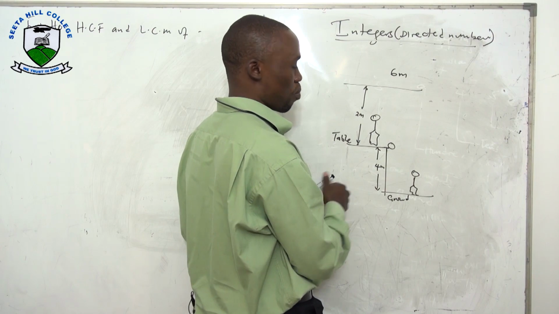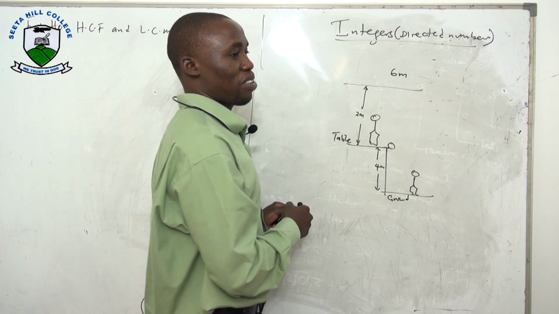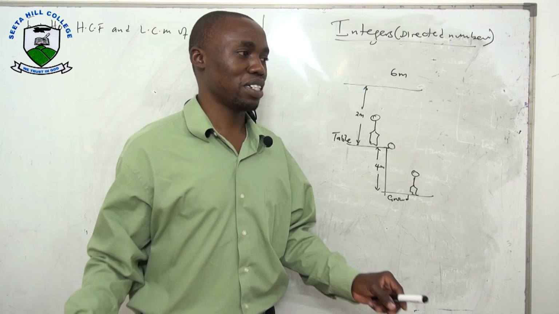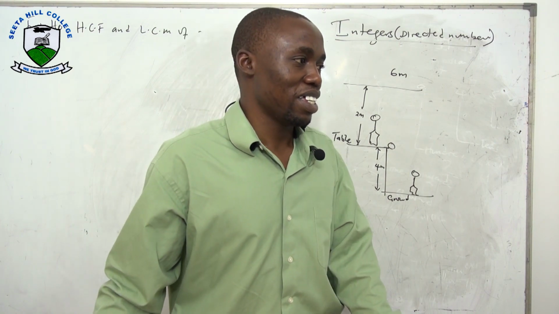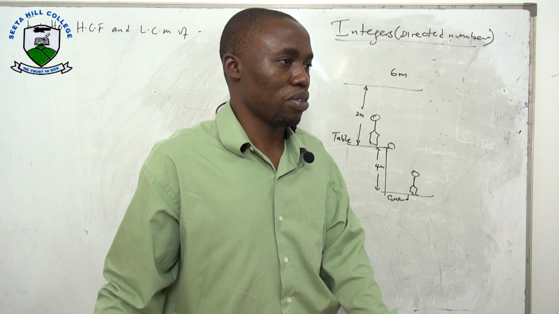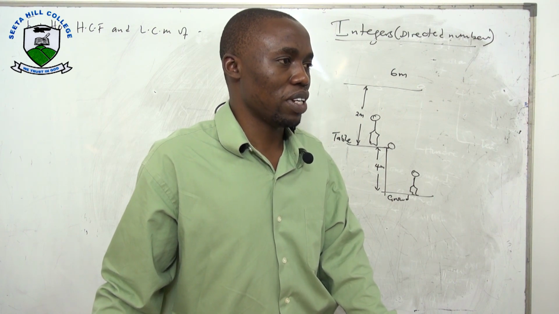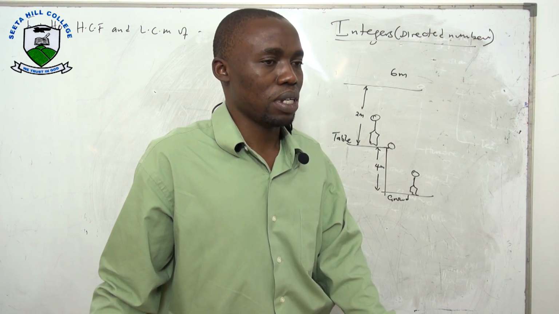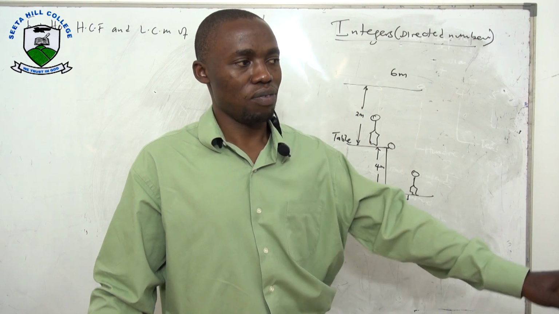Total distance from 0 to where you stopped, would it be -4 or +4? Negative 4. That means below a reference point or below a certain level.